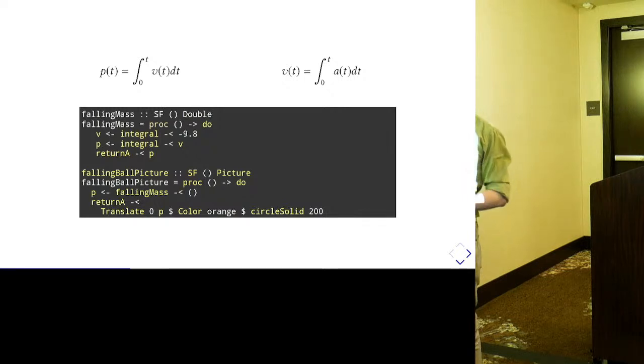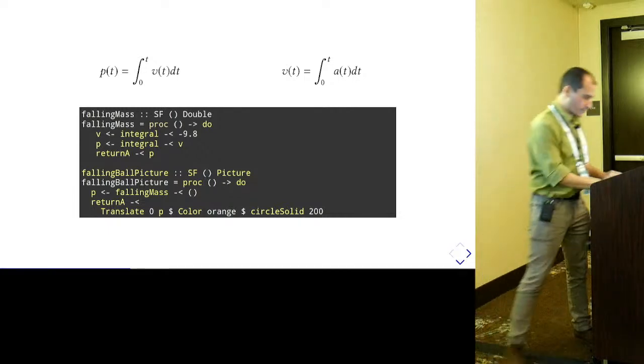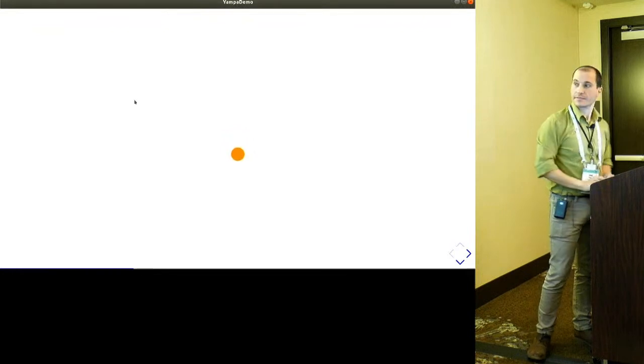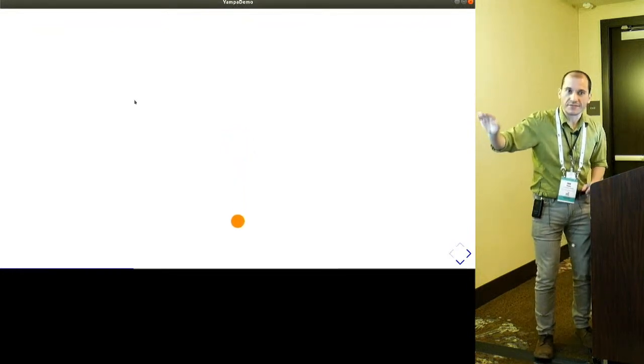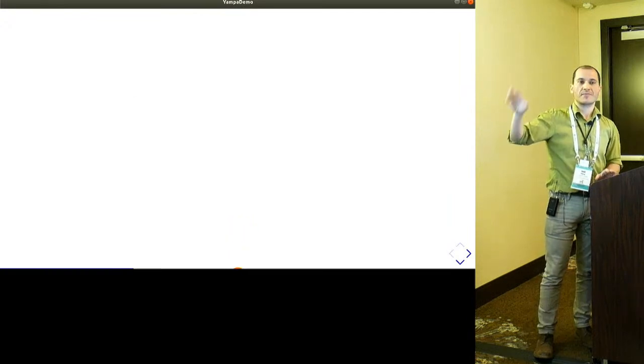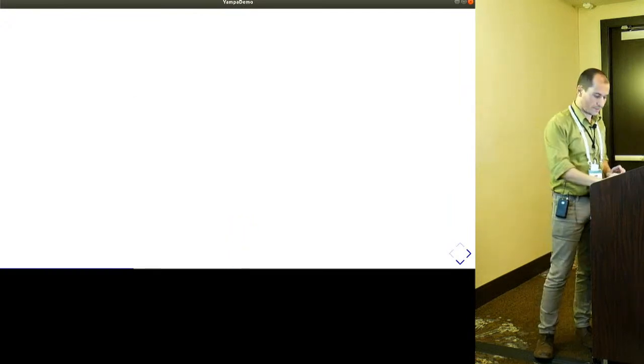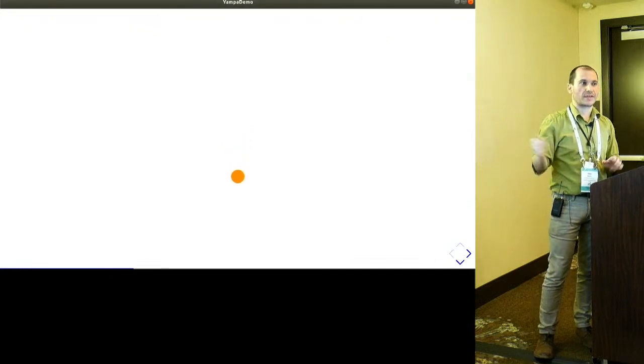So we could take a picture, paint it, and then translate it by that position, where the position is calculated using this signal function. And if we do that, we see this. And you will notice it goes faster and faster and faster. It's a little bit slow, the animation, but at the beginning it goes very slow, and then it starts speeding up. And if you had a bigger screen, it would speed up a lot more.